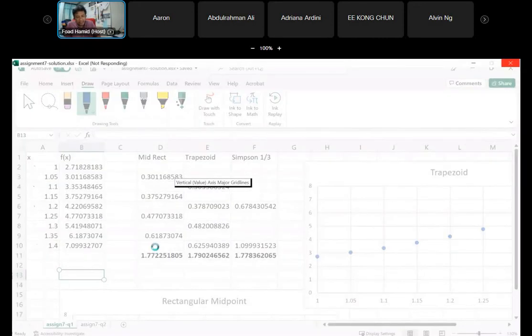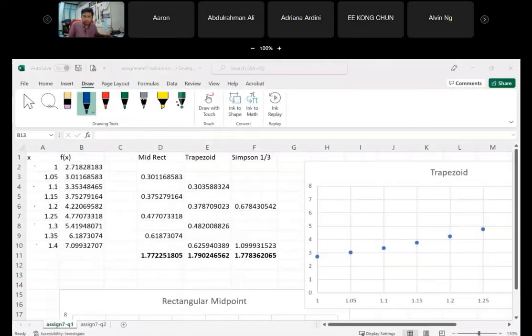In this case, my Excel is not responding. Let's wait for a few seconds. Okay, now it's back online.